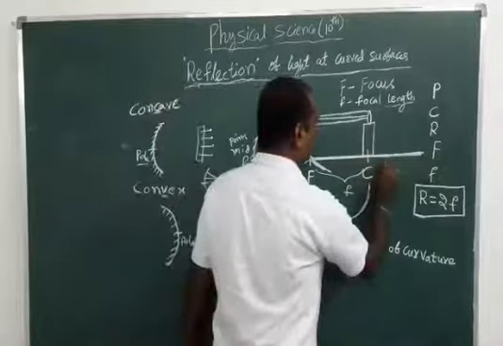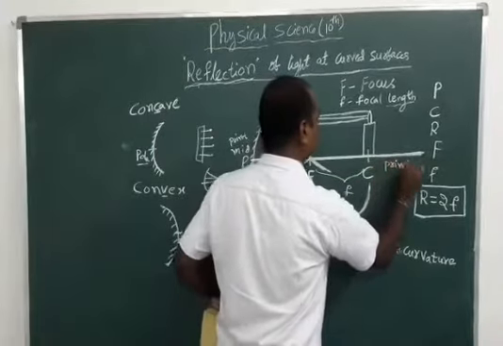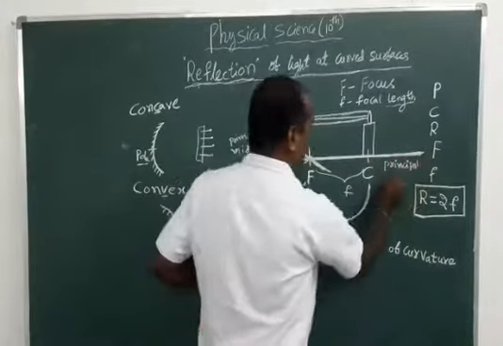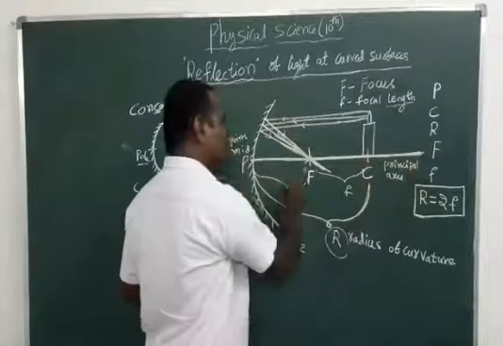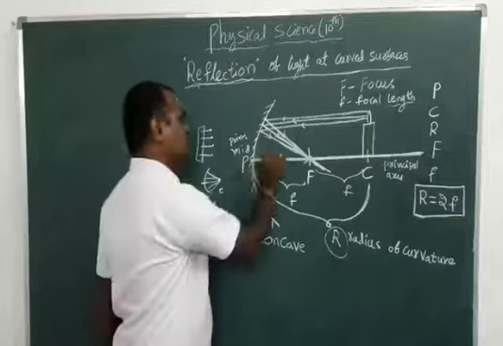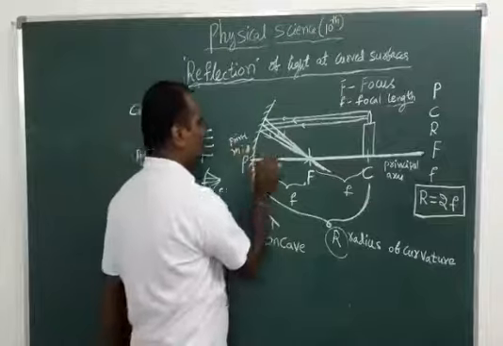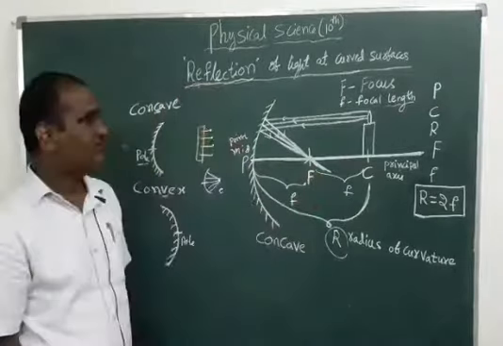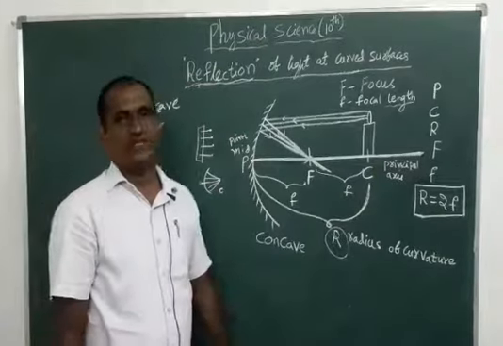This line or axis is called principal axis. Principal axis should pass through the pole, focus and center of curvature. Any number of lines can pass through the pole, but the principal axis only should pass through focus and center of curvature. Okay, very good. These are all the important parts in curved mirrors.